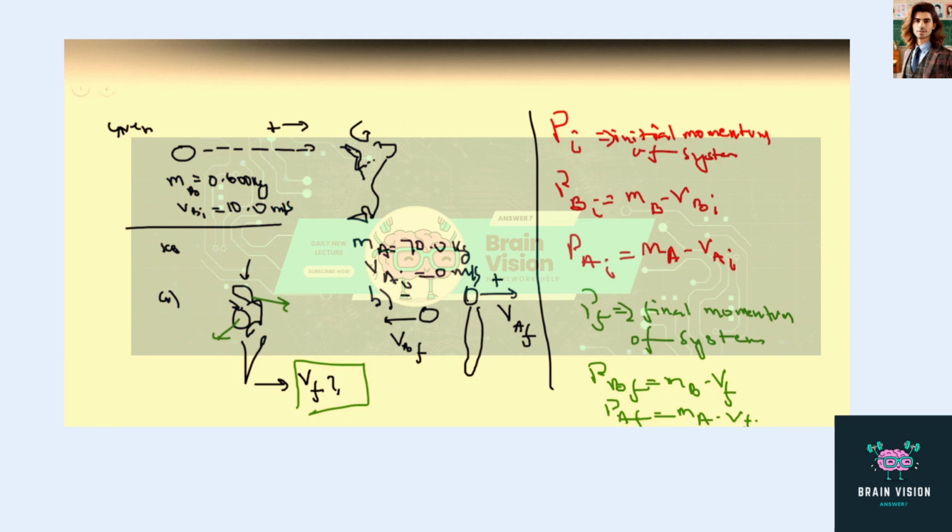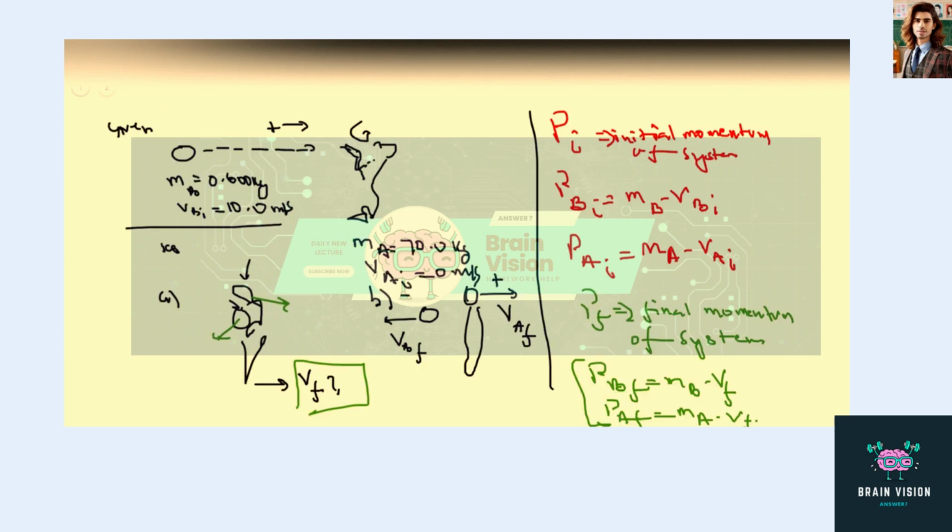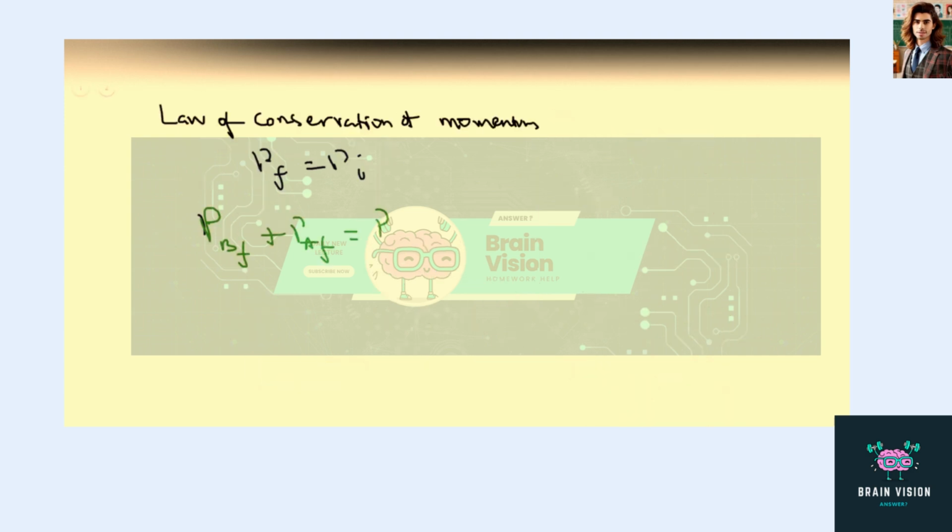The final momentum is the combination of these two: the ball's final momentum plus your own final momentum. And that should equal the ball's initial momentum and your own initial momentum.